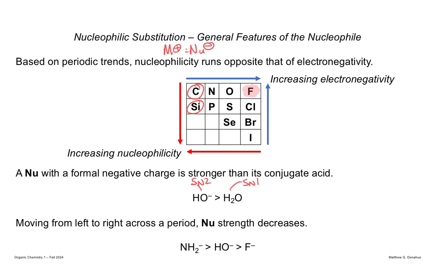So in comparing a nucleophile and its conjugate acid, the species with the negative charge is almost always better in SN2, and then the neutral conjugate acid is better in SN1.